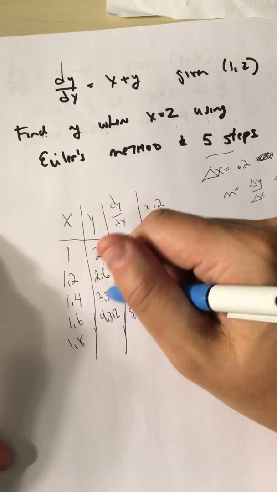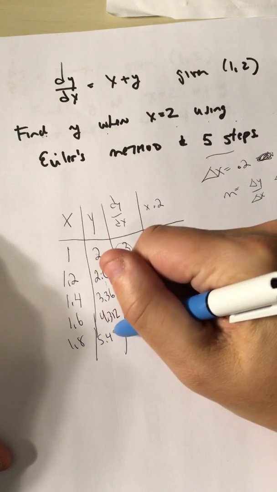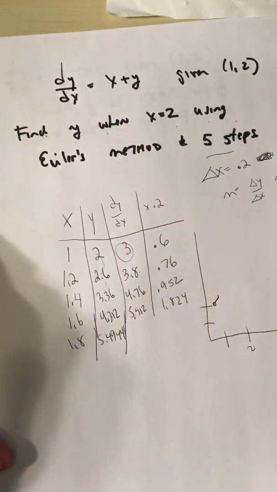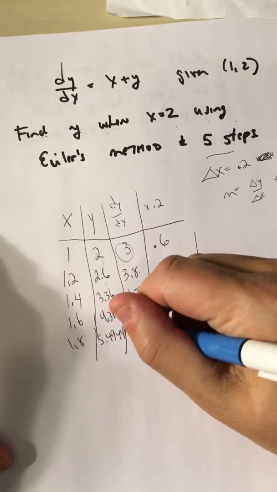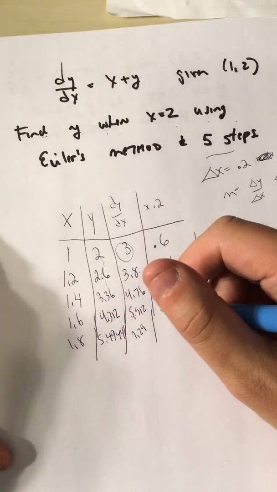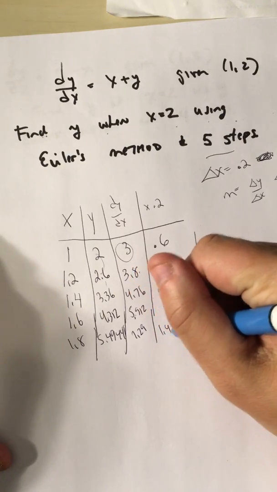So that's 5.4944, plus 1.8 is 7.29 something times 0.2 is 1.45888.